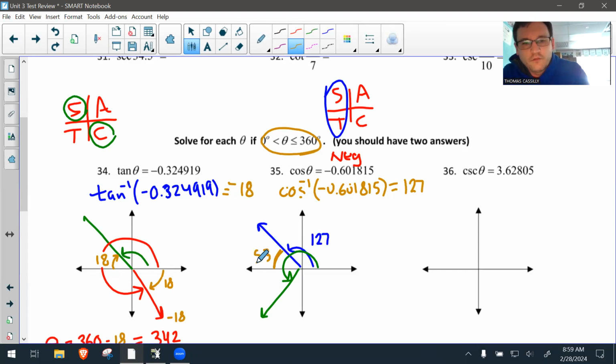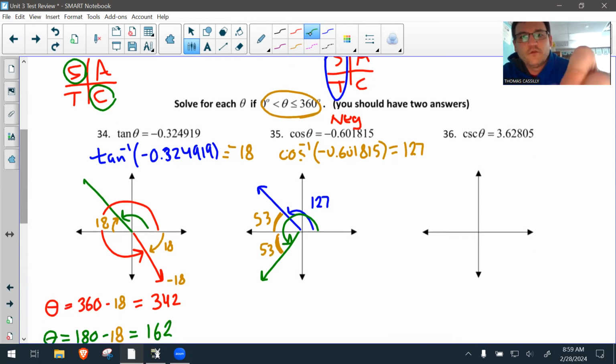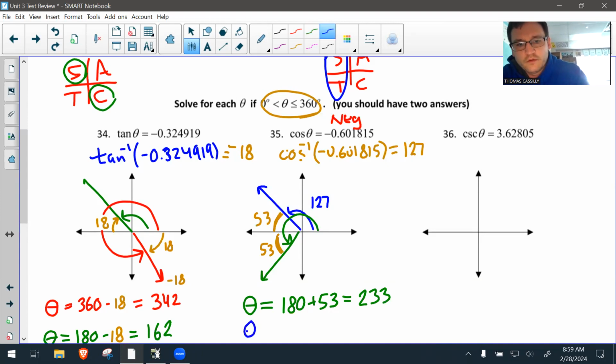Since the reference angle is 53, this one is also a 53-degree angle. So the green theta is 180 plus 53, since it's 53 degrees past the 180-degree mark, which gives us 233. And the first one gave us the 127.